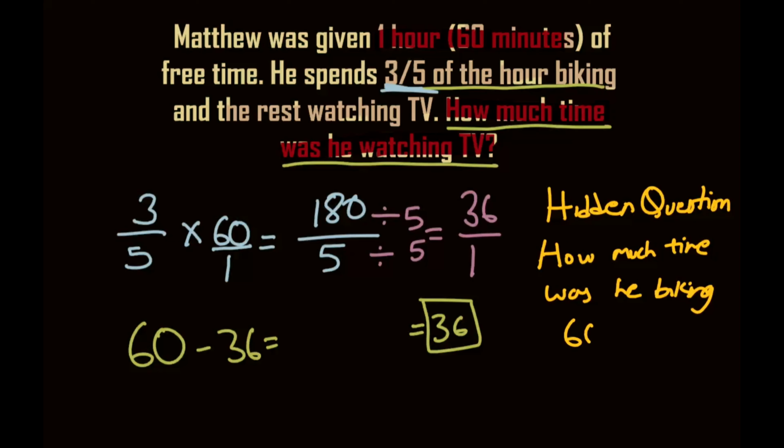So 60 minus 36. We can't do 0 minus 6, so we borrow 1 there. The 0 becomes 10, the 6 becomes 5. 10 minus 6 equals 4, 5 minus 3 equals 2, and our answer is 24. That means Matthew spent 24 minutes watching TV.